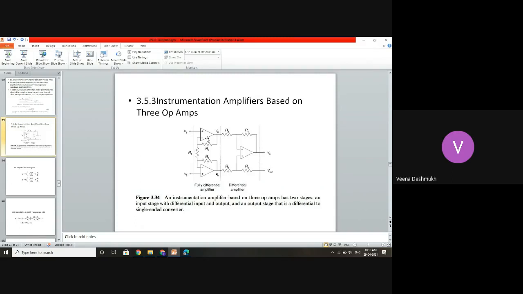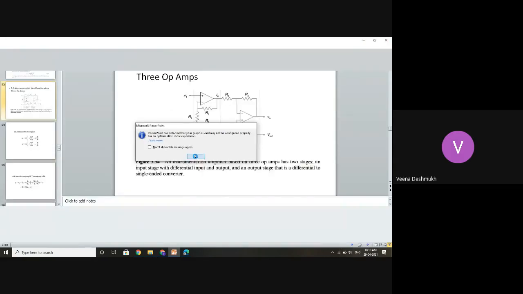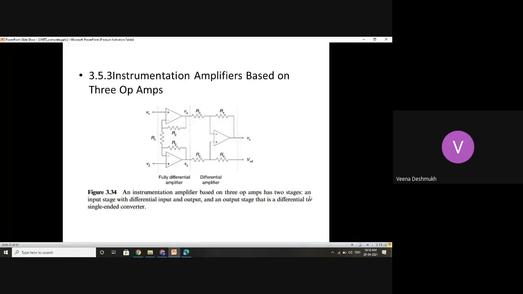Here you can see in the first stage one fully differential amplifier stage is present, which helps in improving the common mode rejection ratio, also helps in DC offset adjustment, and drift is made almost zero.